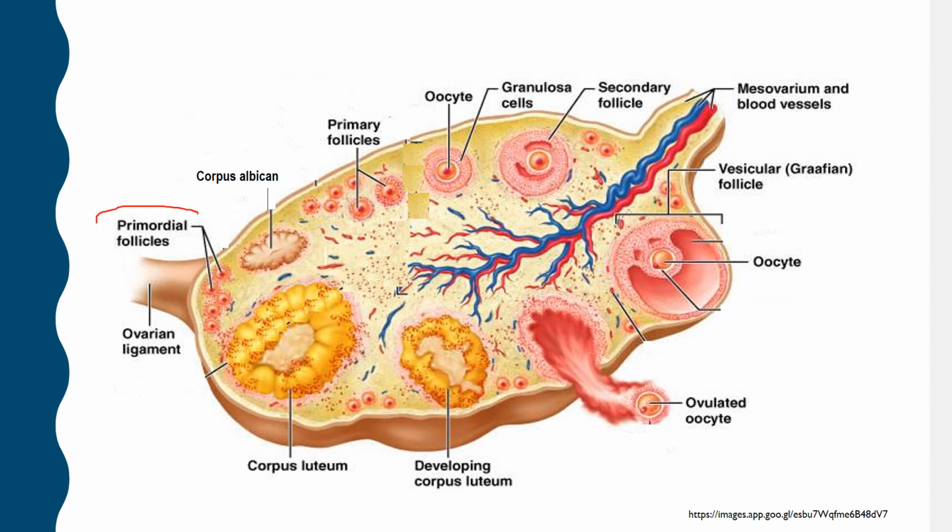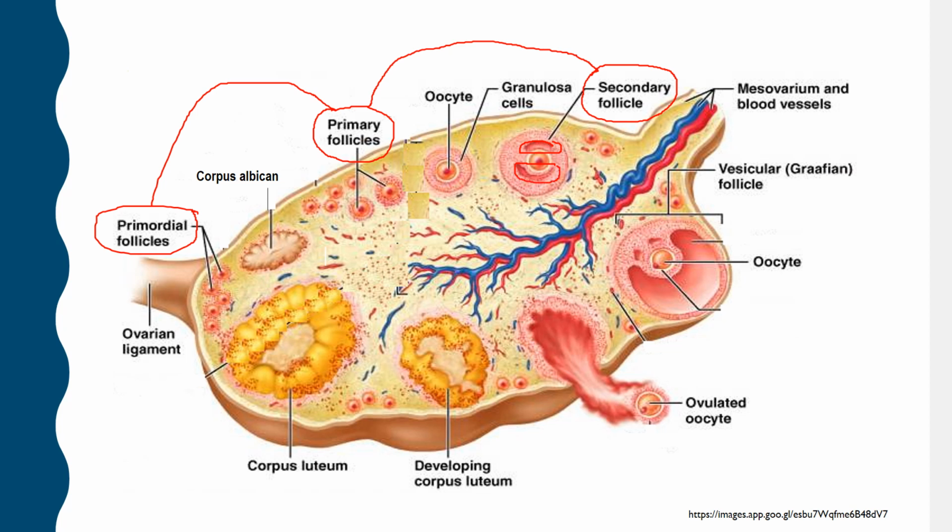So your follicular stage starts off with your primordial follicles, which eventually develop to become the primary follicle upon the stimulation from your follicle stimulating hormone. And the primary follicle then develops the follicular cells, which are also known as the granulosa cells, and starts increasing in size and eventually forming the secondary follicle. You know it's a secondary follicle once you see the appearance of these follicular fluids within the follicle structure.